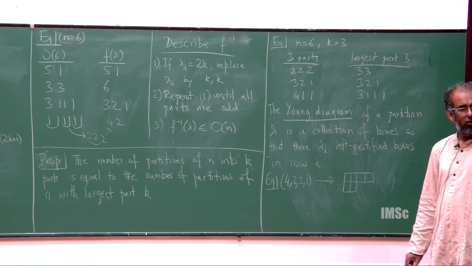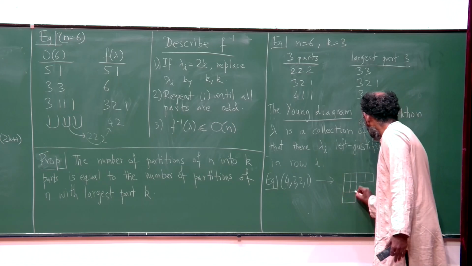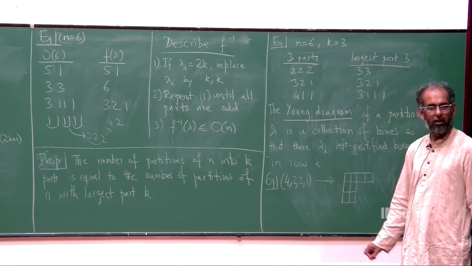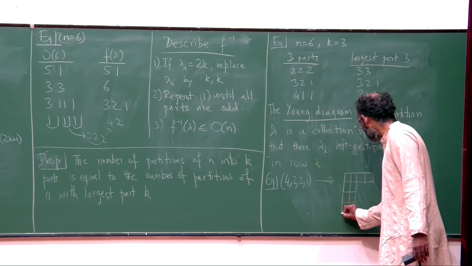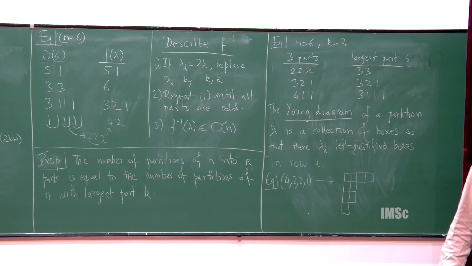In the third row, again 2 boxes, and in the fourth row, 1 box. This is called the Young diagram of a partition. Everybody clear on the definition?